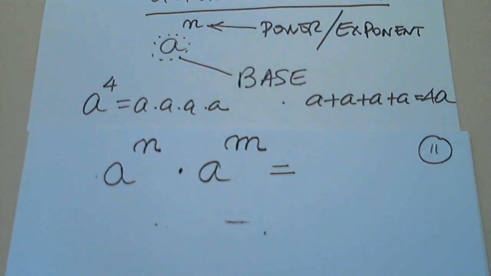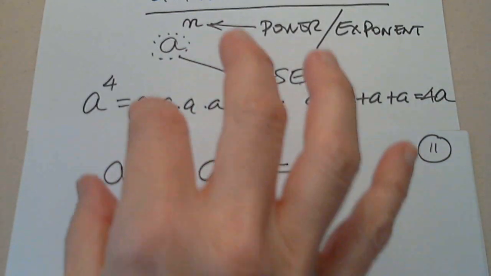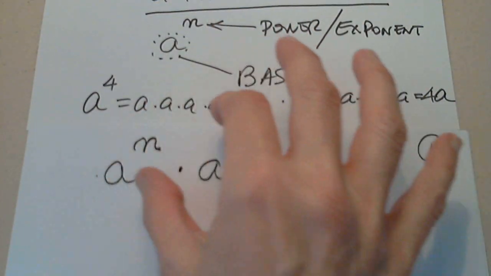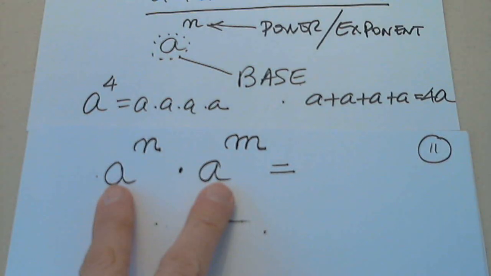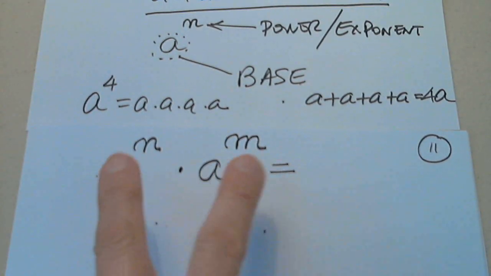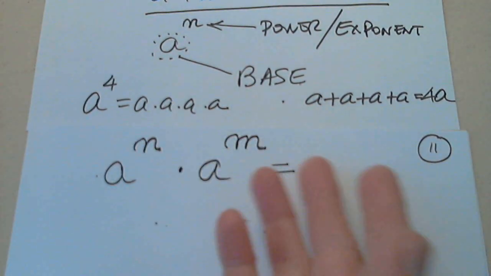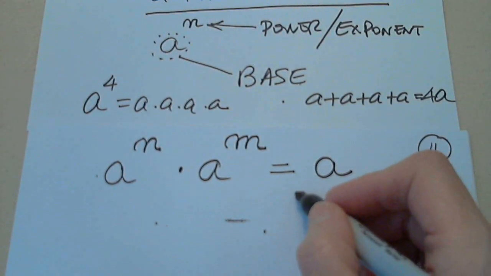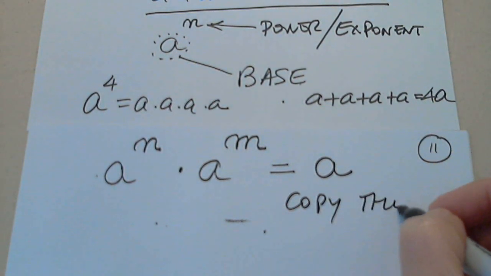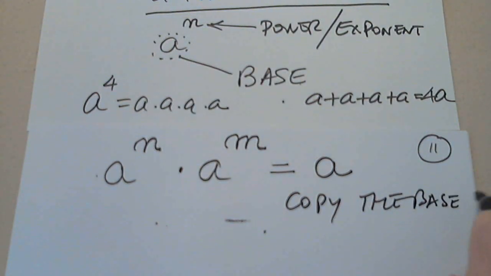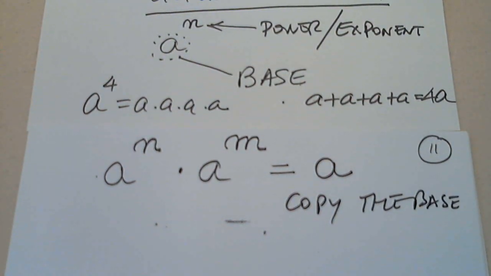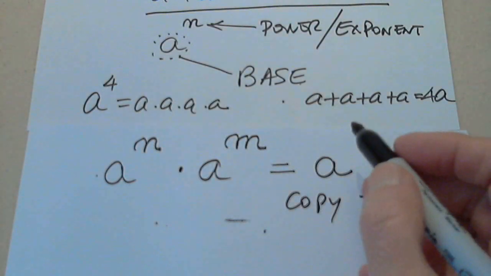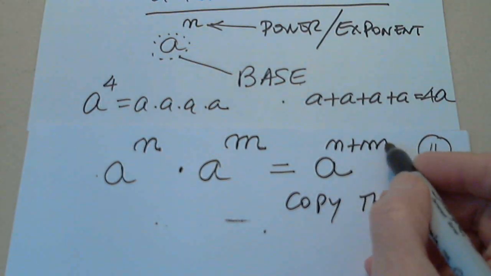So when we multiply exponential notations with the same base and different exponents, or even the same, we copy the base. Copy the base. Do not touch the base. Do not do anything to the base. Just copy it. And then add the exponents, n plus m.